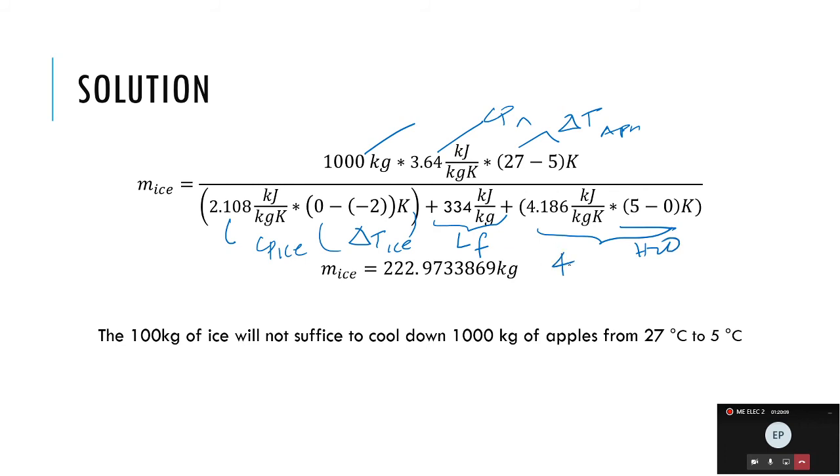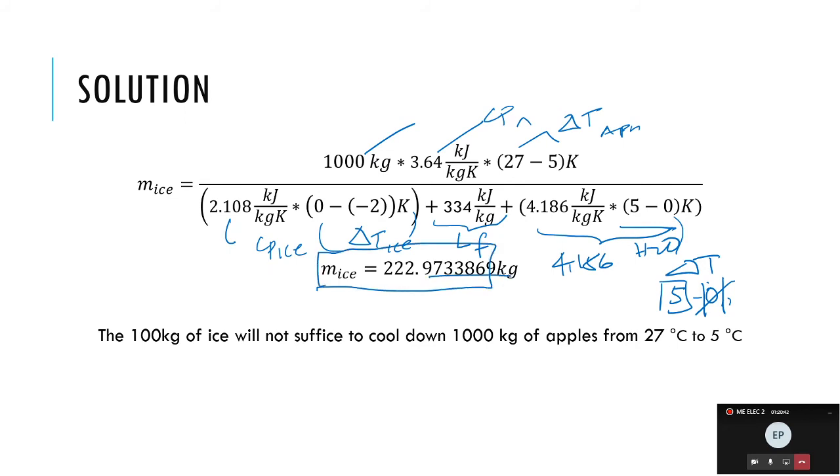CP is 4.186 at ito naman ay delta T na na-involve ang tubig kasi yung yellow mo na negative 2 dapat makarating siya sa 5, at yung lower na pinanggalingan niya ay 0 degrees na water, because yellow nga dati naging tubig, no? So 5 minus 0 is 5 lang, no?